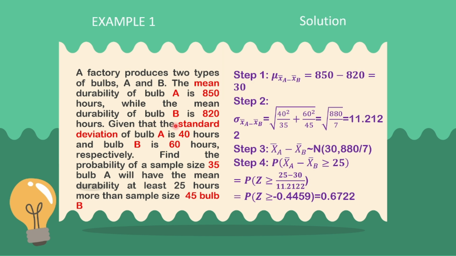Given that the standard deviation of bulb A is 40 hours and bulb B is 60 hours.